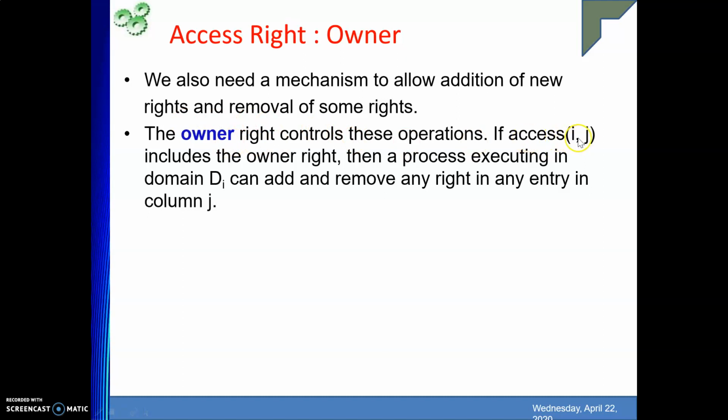If access(i,j), meaning row number i, domain i, and column j, meaning object j, includes the owner right, then a process executing in domain Di can add as well as remove any right in any entry in the column j. Please remember, copy and owner, both rights are applicable on a column, that means for an object.